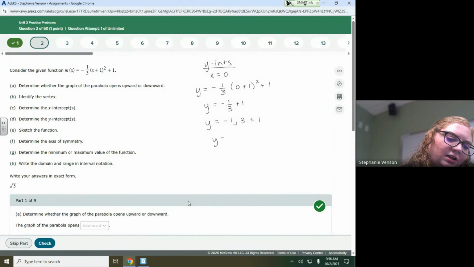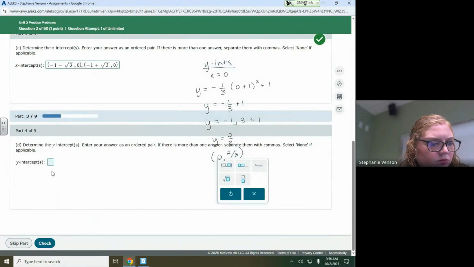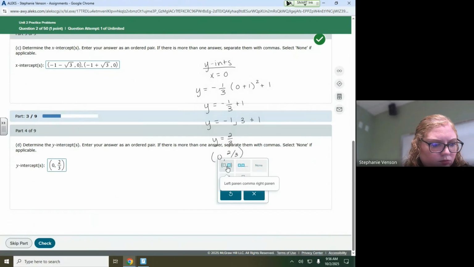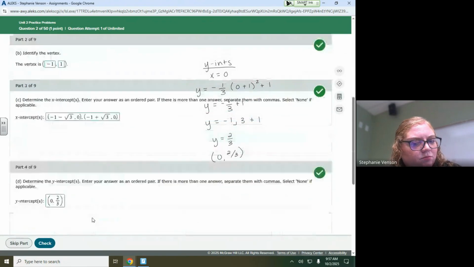Okay, so y equals 2/3, or 0, 2/3. There you go.